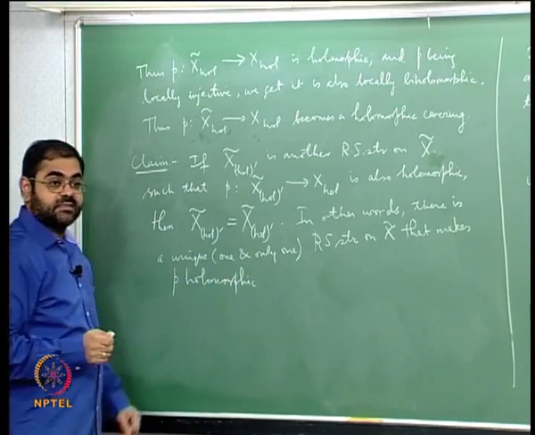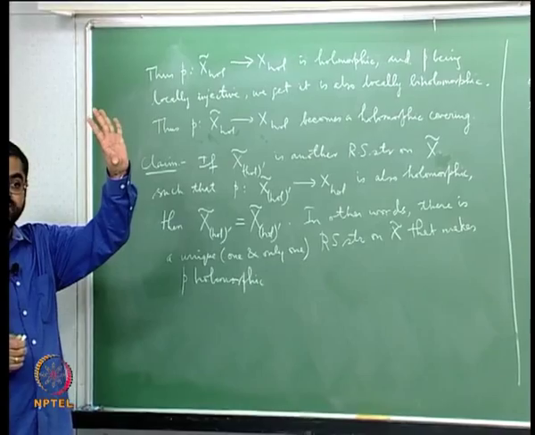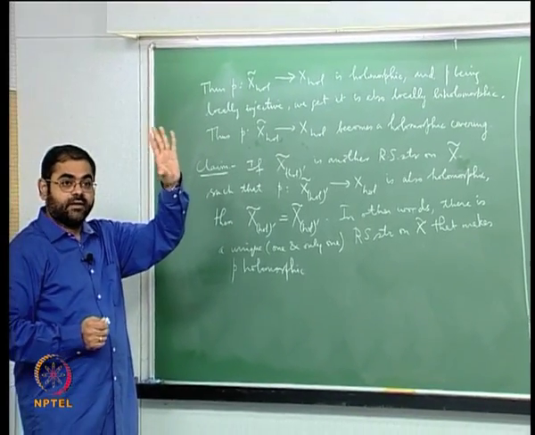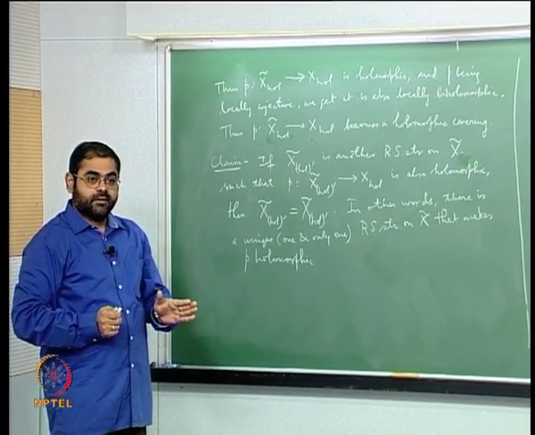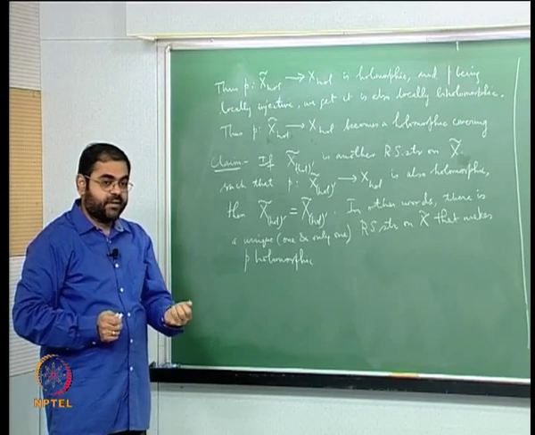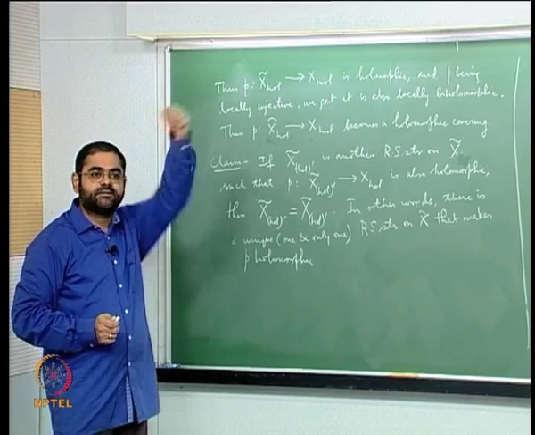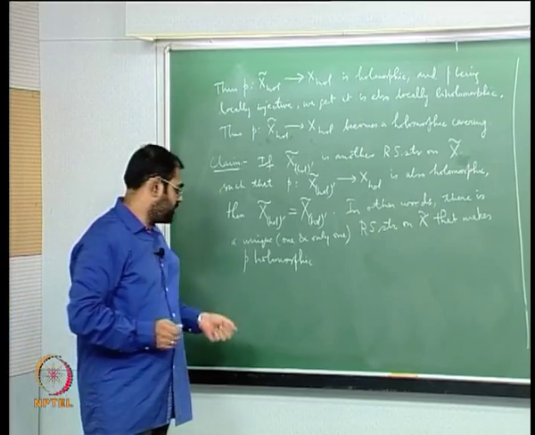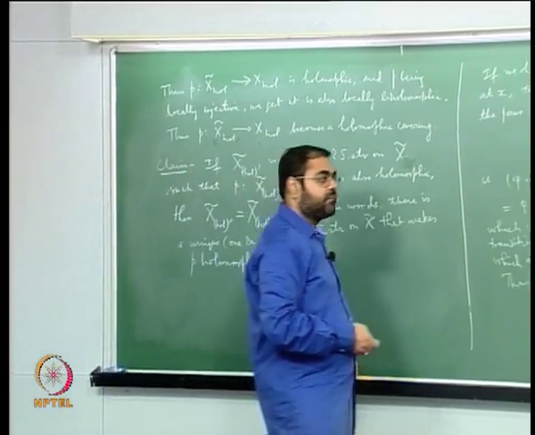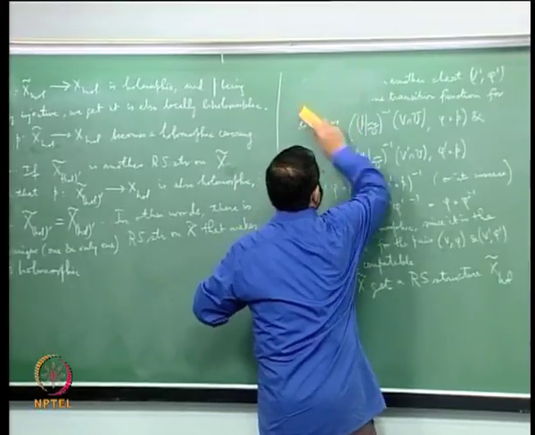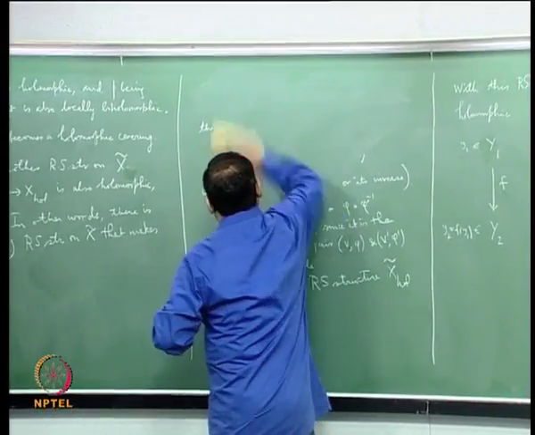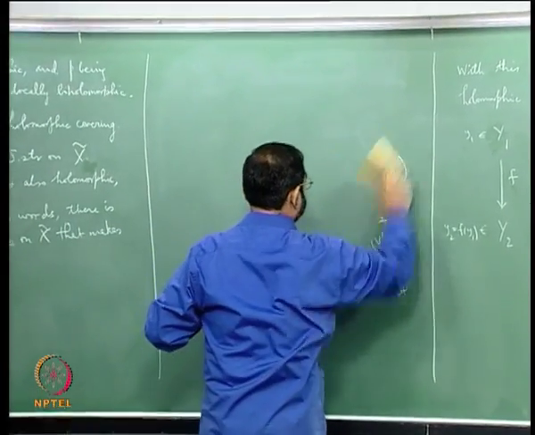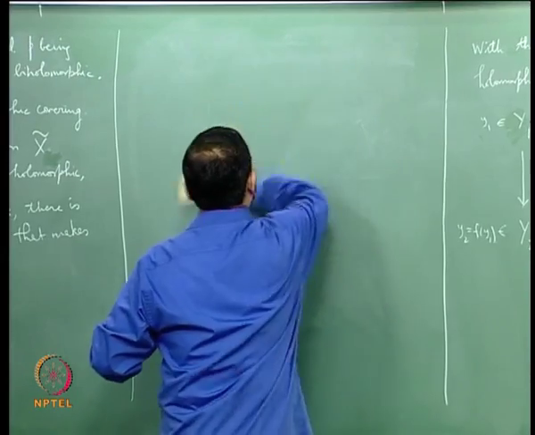So this is the uniqueness of the Riemann surface structure that you get above. So you see, when you take a topological covering, if the base space has a Riemann surface structure, that dictates the Riemann surface structure on the cover. So that is what happens. So how does one see this?